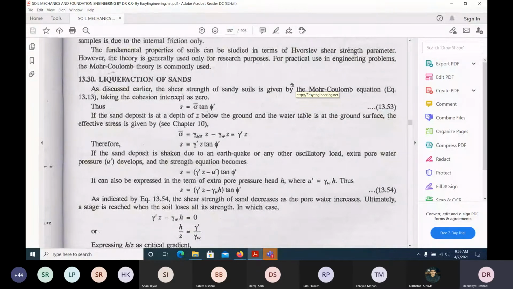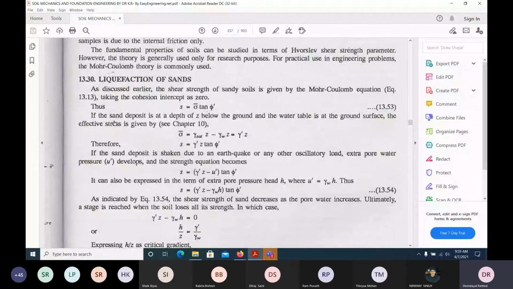The pore water pressure increases, and when it increases, the effective stress becomes 0, and with that the whole shear strength of the soil becomes 0. That's what is given here.